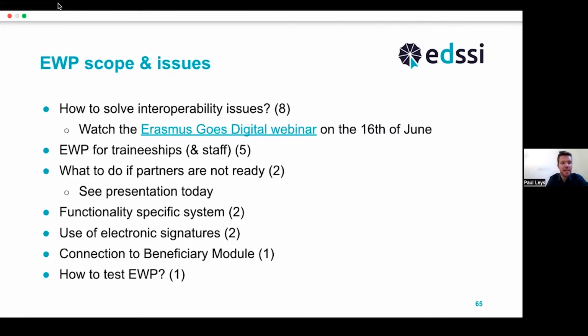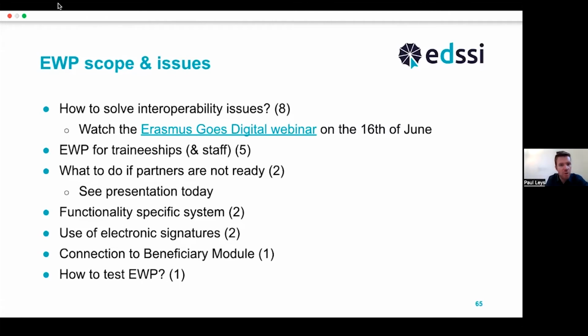And by the way, under EDSSI, we started experimenting with this support infrastructure, and now it's taken to a higher level and much more funding in terms of staff members working on the ESSI support. So this is one of the elements we want to flag, and whenever you have an interoperability issue, you can contact this service desk.